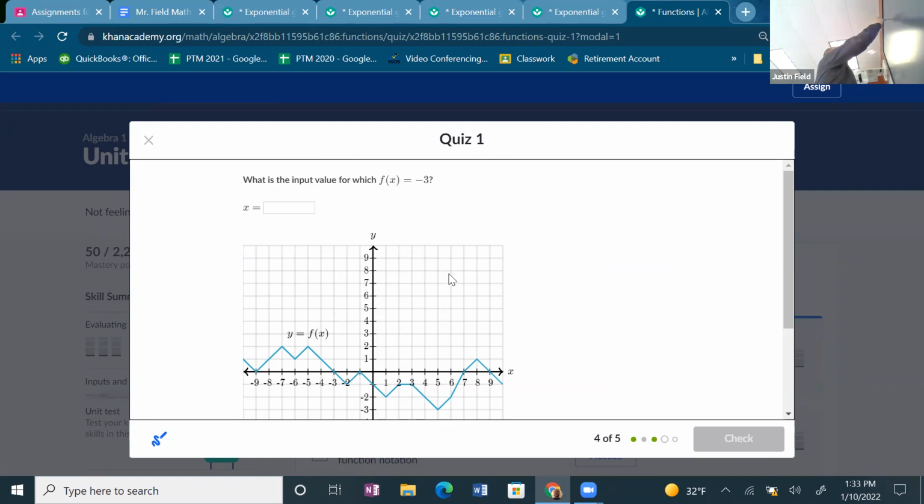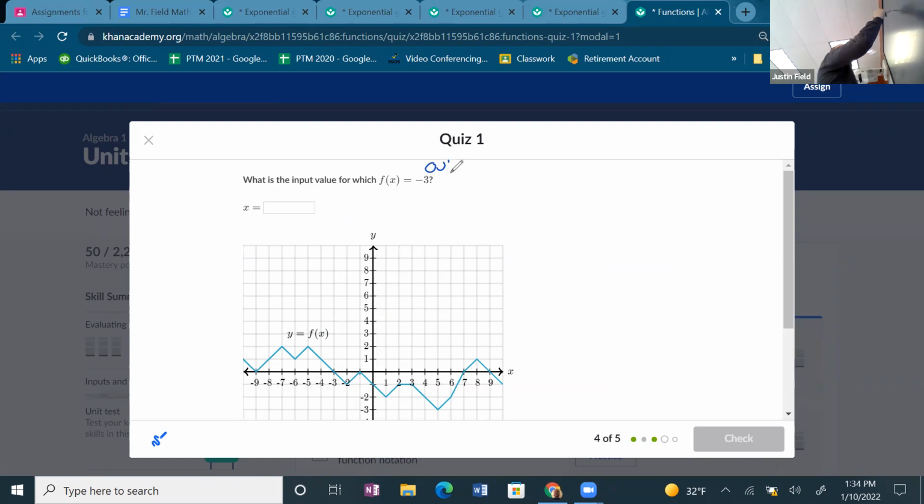So now we want to know the input. They gave us the output, and they're asking us for the input. The output axis is the y-axis. So we're going to draw a horizontal line across at the output of -3. And we see that it hits the function right here, which has an input value of 5. So when x is 5, the function has an output of -3.